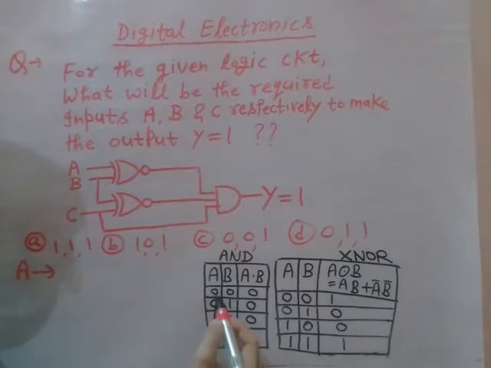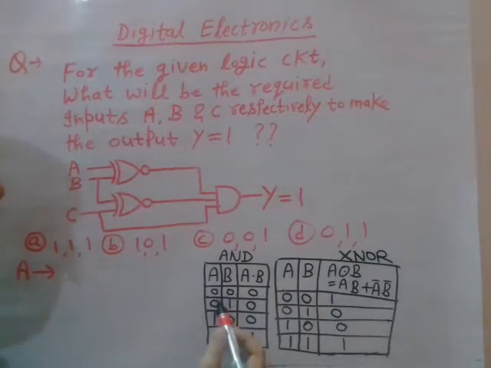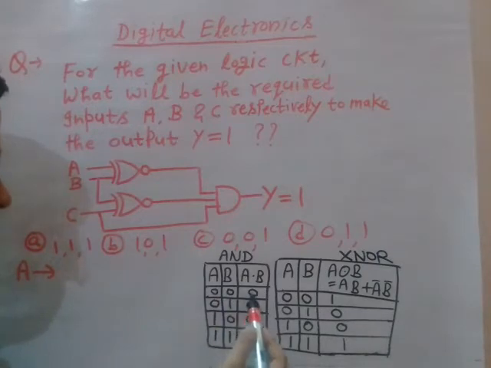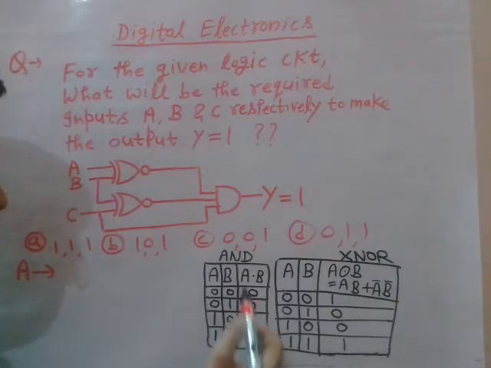See here, if any input of AND gate is 0, you will get 0 output for AND gate. Here both are 0, so output 0. Here 1 0 is present, so that's why output is 0 for AND gate. Here 1 0 is present in input, that's why output is 0. But you want 1.